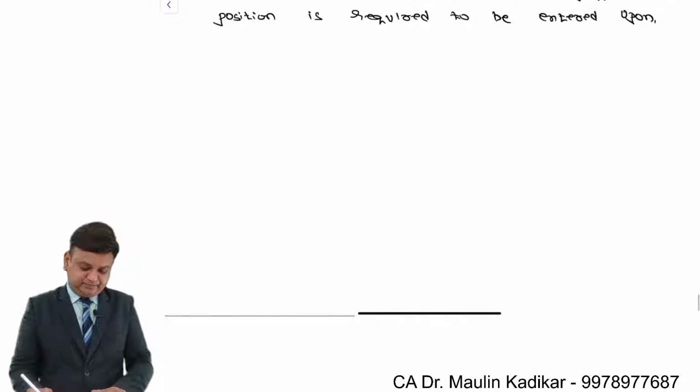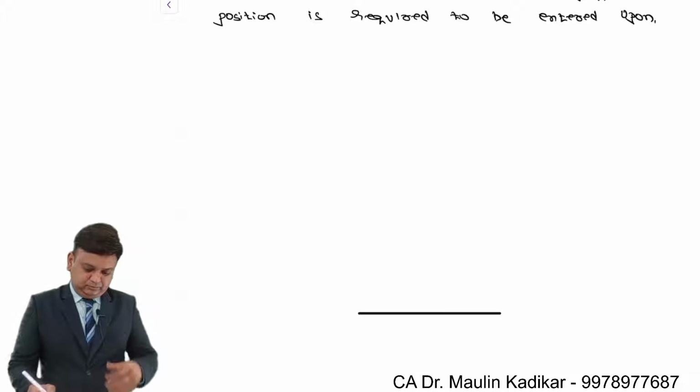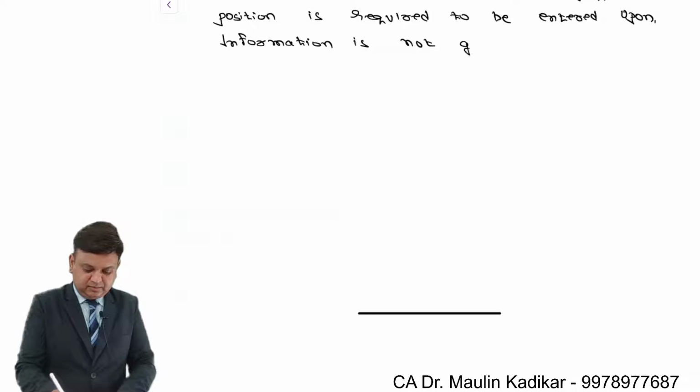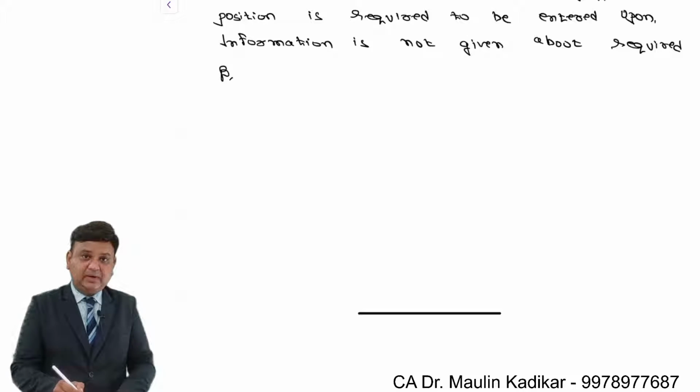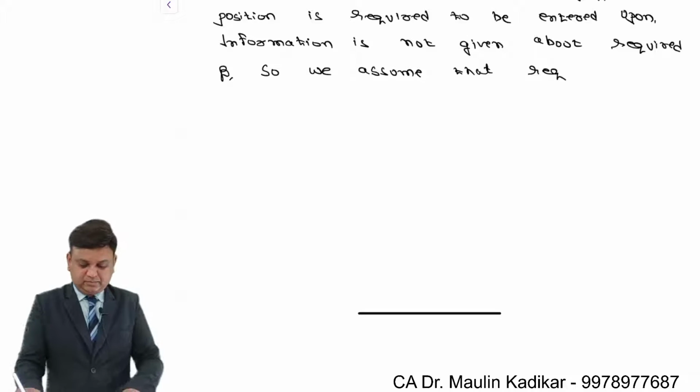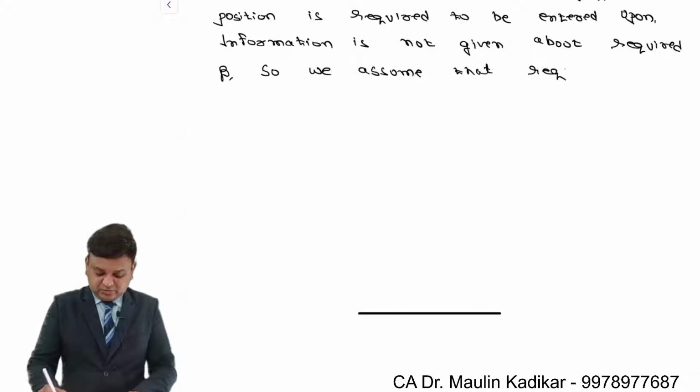Further write down in that, information is not given about required beta, comma, so we assume that required beta is 0.